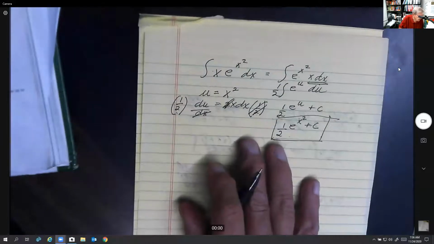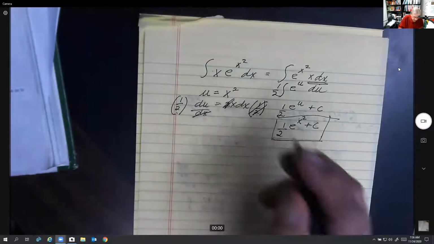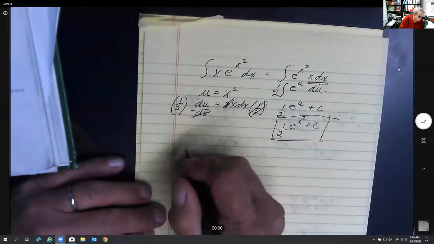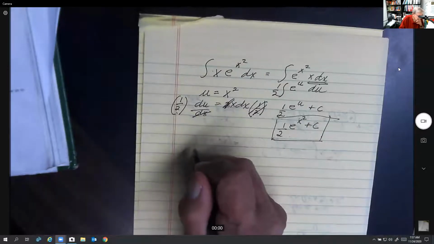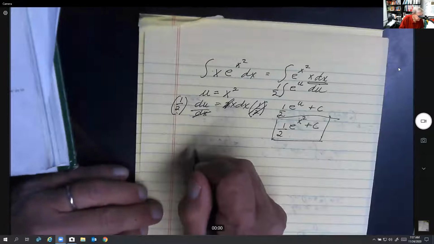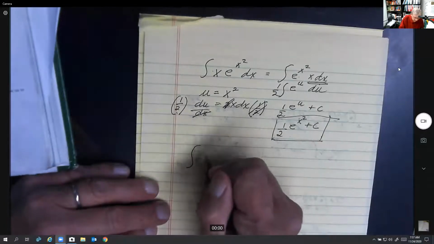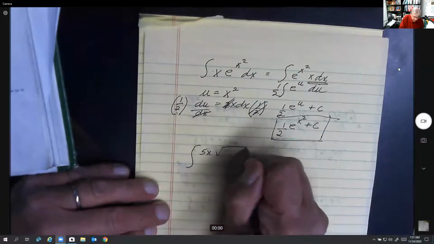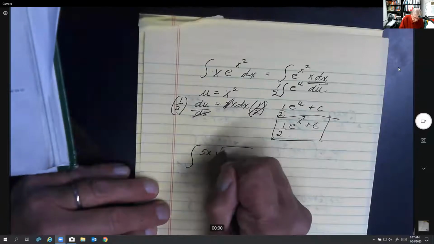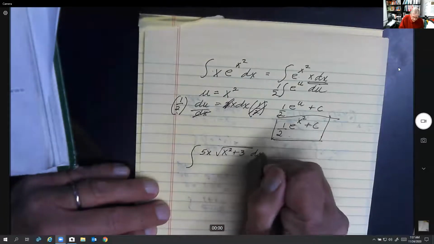Okay. This next one is pretty easy. I'm not going to do that one, but I'm going to try this problem right here. Super hard one. Example 11. I have 5x times the square root of x squared plus 3 dx.